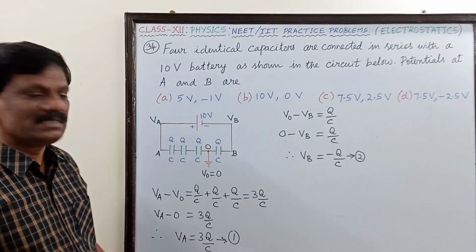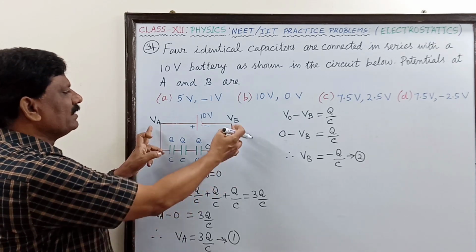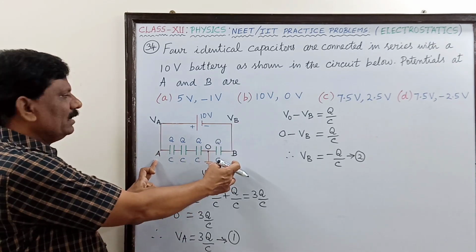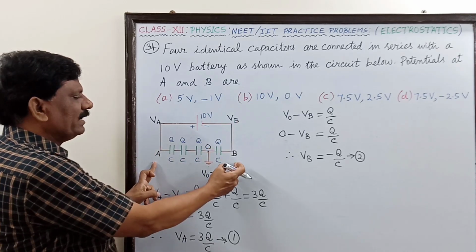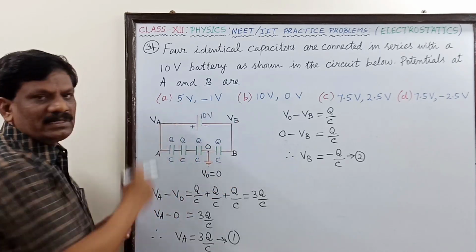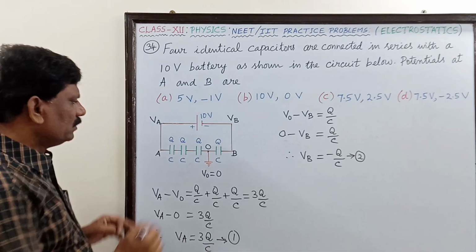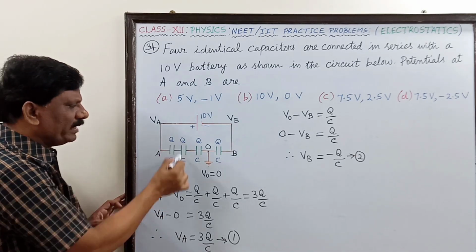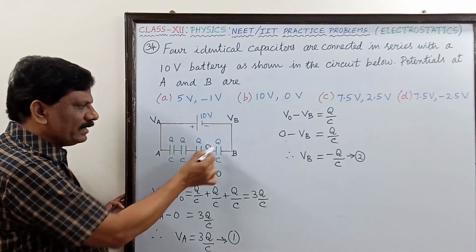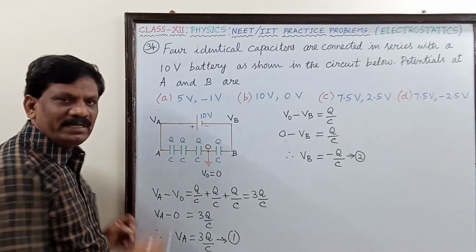But my dear students, what is the net potential difference across the 2 points A and B? This VA minus VB, that is equal to what? 10 volt. Is it not that? So Q by C plus Q by C plus Q by C plus Q by C, if you add, that should be equal to 10 volt.